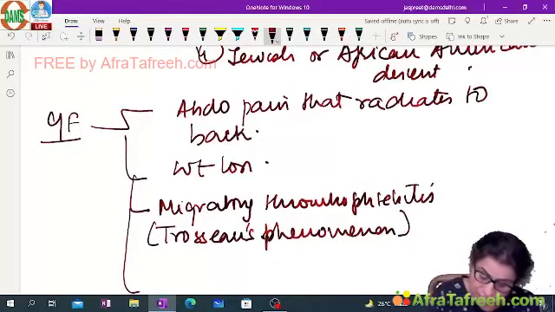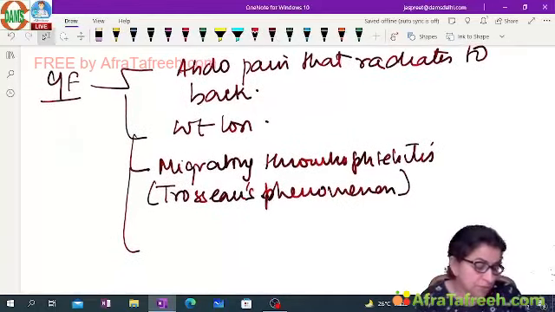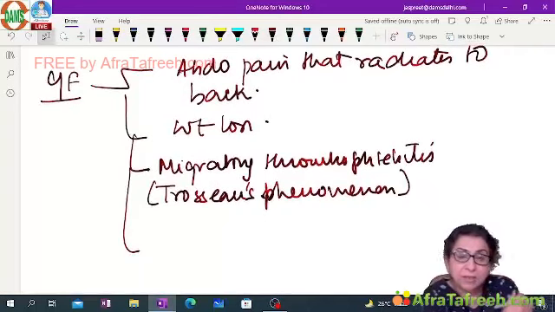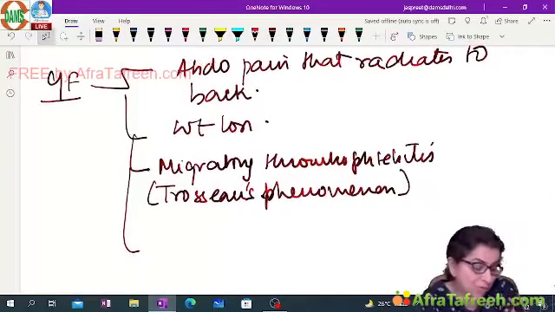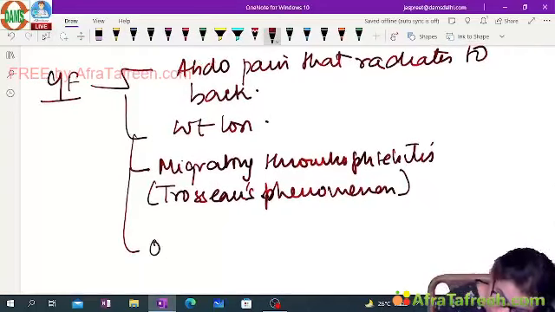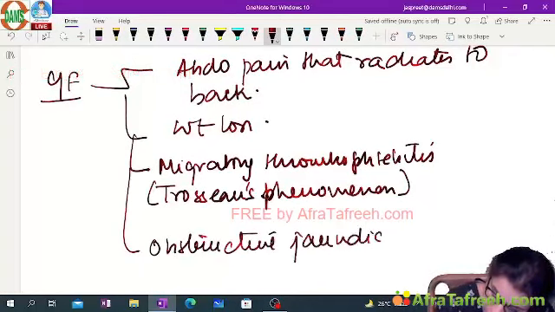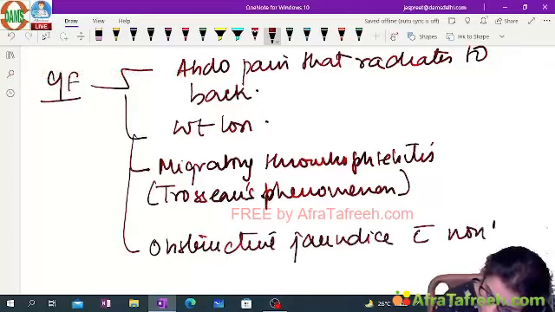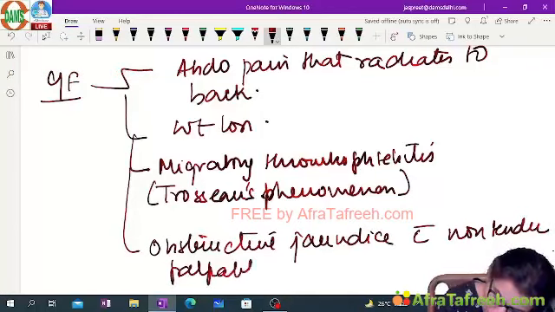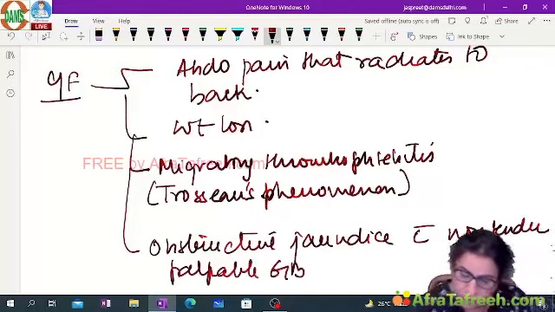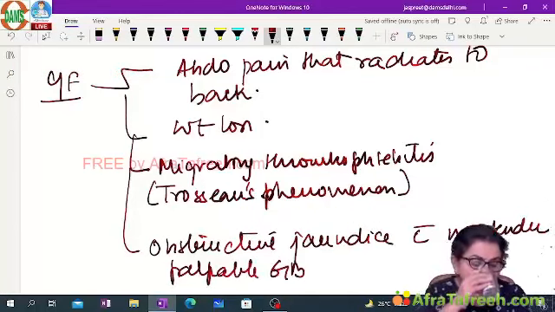And they also have obstructive jaundice with a non-tender palpable gallbladder.